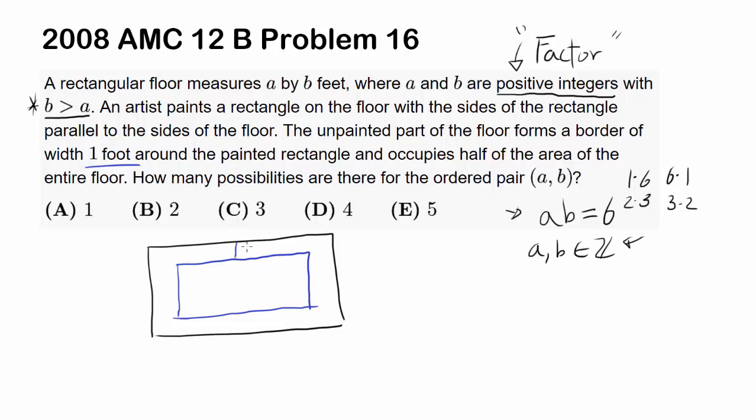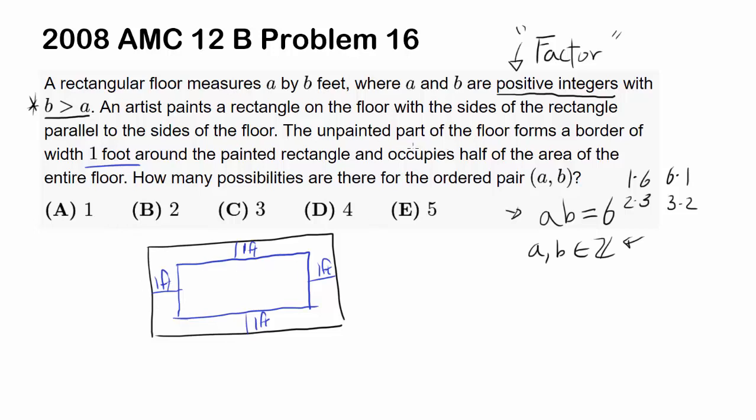So we know this is 1 foot, this is 1 foot, this is 1, and this is 1. So the artist drew a rectangle such that the gap between the rectangle that he drew and the rectangular floor is 1 foot on every single side.